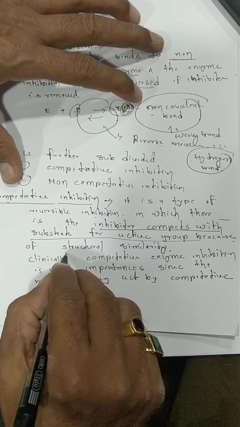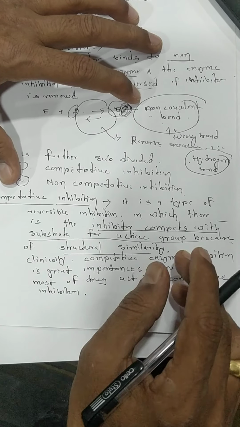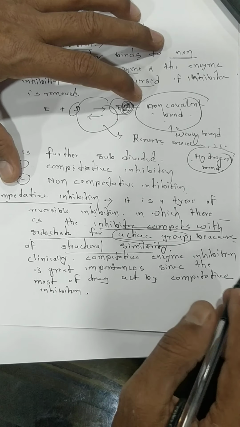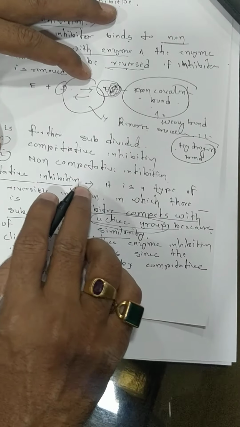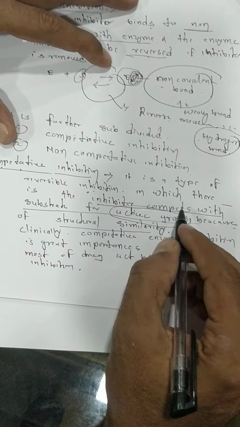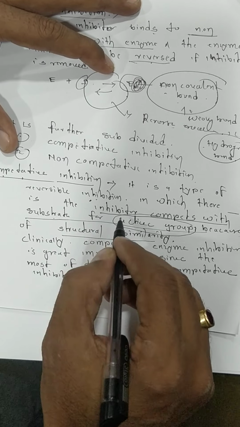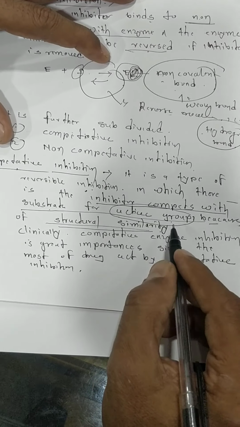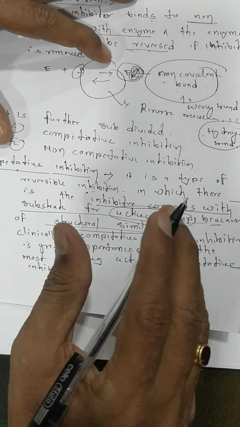Competes means they have structural similarity, not identical structure, only the active group is similar. The active functional group is similar between the substrate and the inhibitor, so they compete with each other.